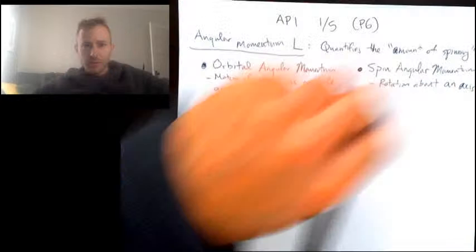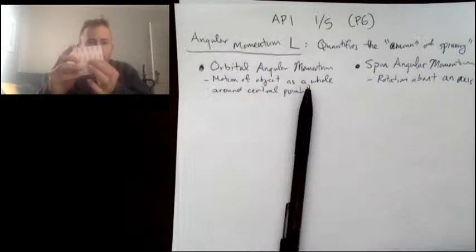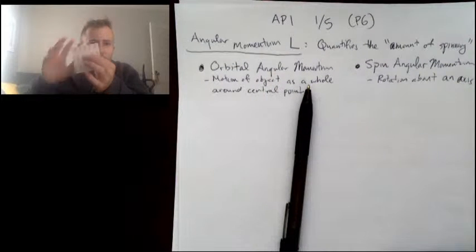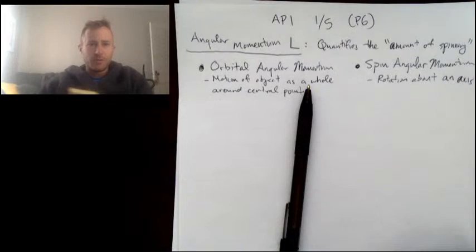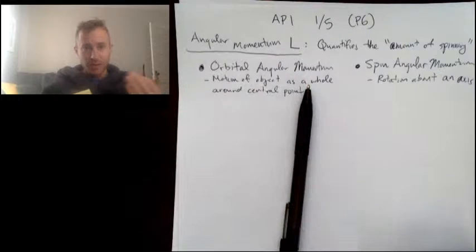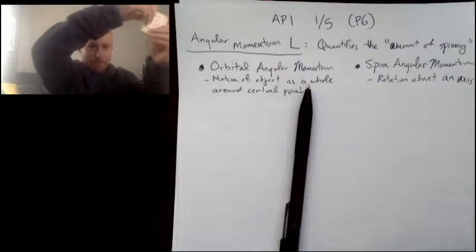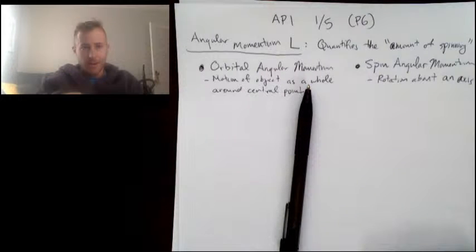So when I think about spin angular momentum, that is something going like this. See how it's just spinning in place? And orbital angular momentum is going as a whole in a circle. So you can have both. For example, the Earth is spinning while it orbits. It's kind of going around like this, right? So you can have both.